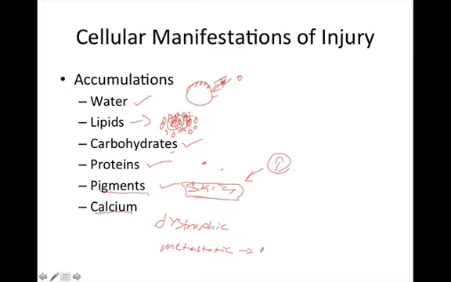Metastatic is caused by generalized hypercalcemia, which can be caused by overactive parathyroid glands, increased intake or absorption of vitamin D and calcium, and an inability of the kidneys to excrete calcium. Whereas dystrophic calcification is what you see in damaged and dying tissues, the examples we were talking about earlier, where calcium accumulates.